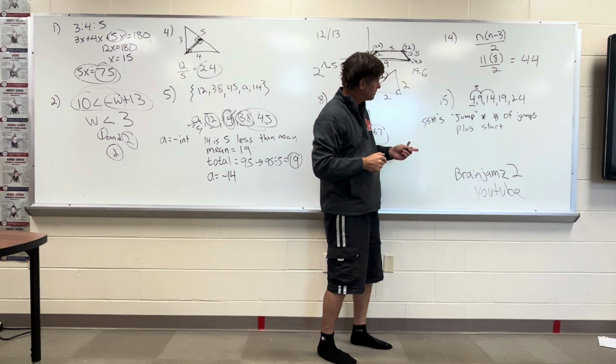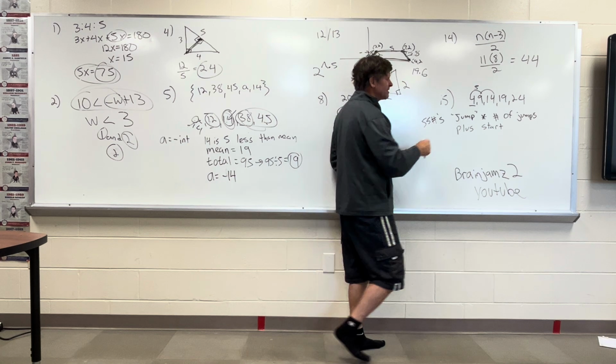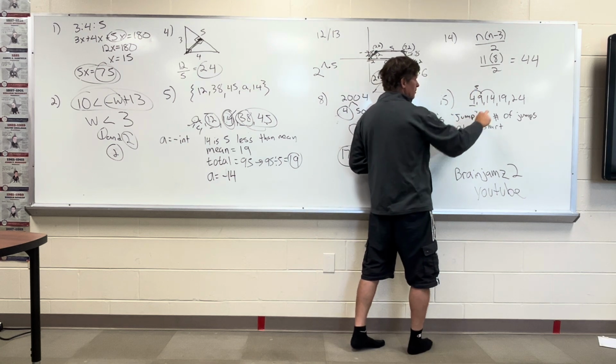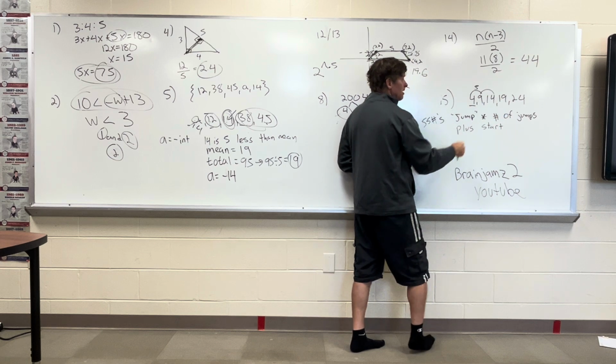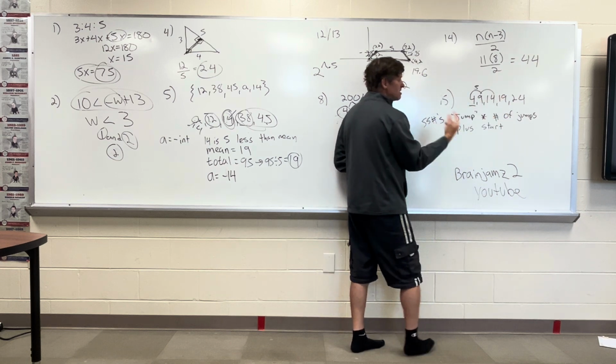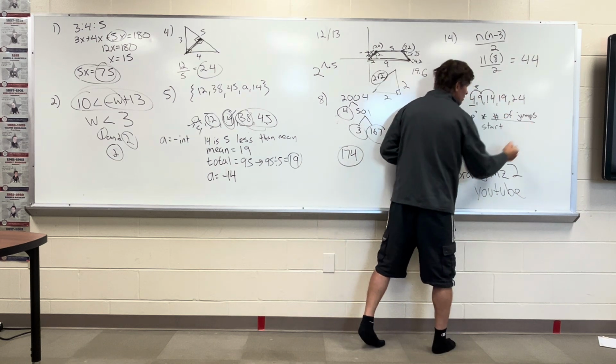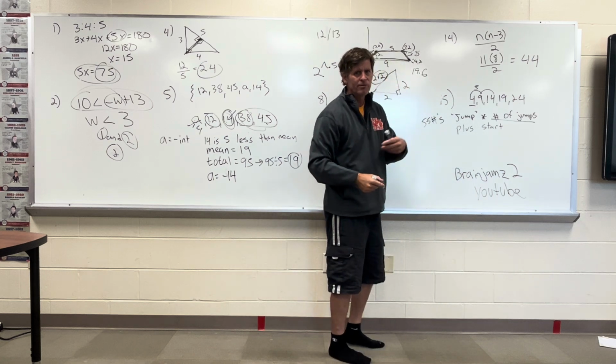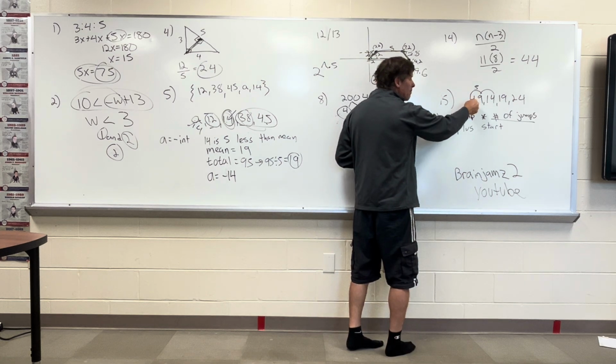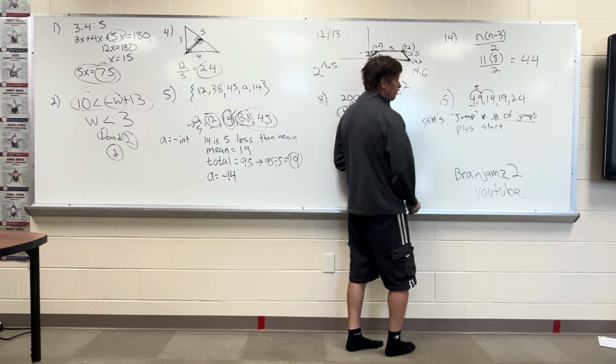So the 55th number, if you can see, if there's 2 numbers, there's 1 jump. If there's 3 numbers, there's 2 jumps. If there's 4 numbers, there's 3 jumps. So the number of jumps is always 1 less than the number of numbers because you're starting off with a number itself and then you start jumping.